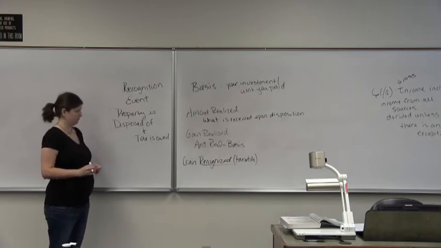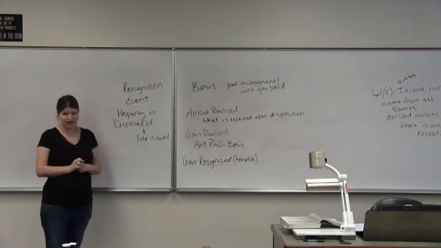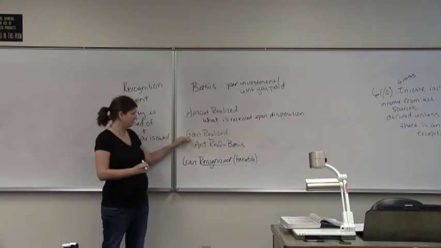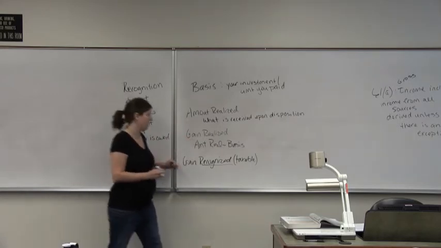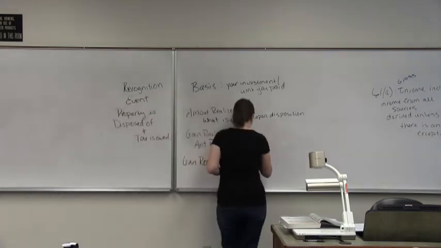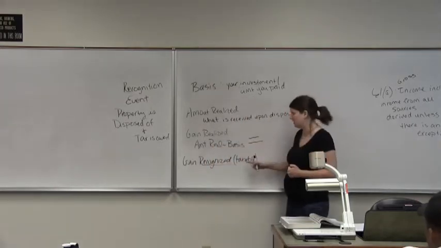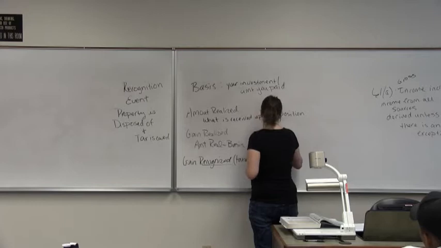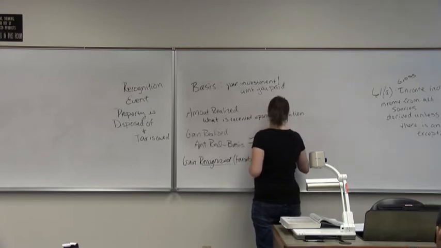How this works with gain, in the code, gain realized will equal gain recognized. So gain realized is going to be the same thing as gain recognized unless there is an exception in the code.